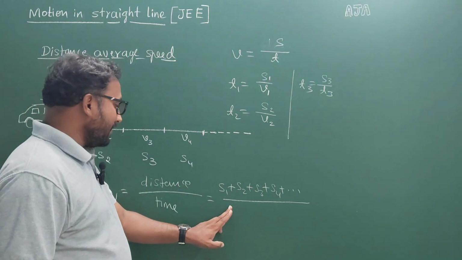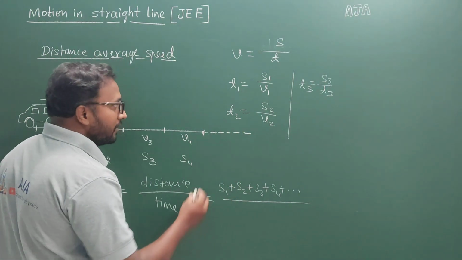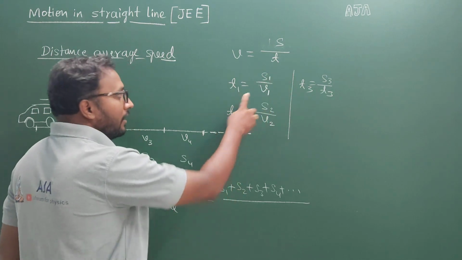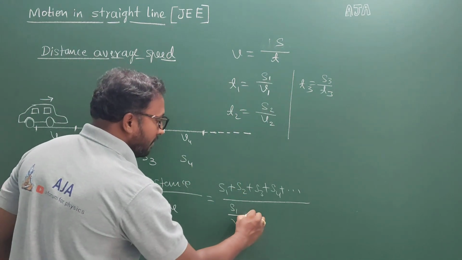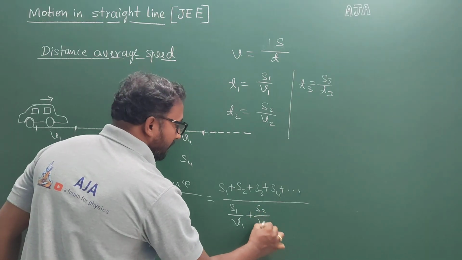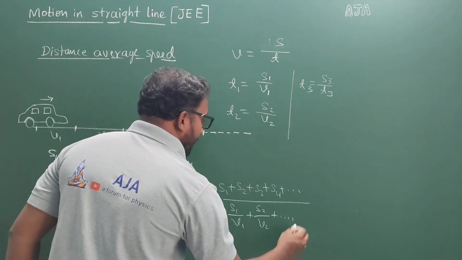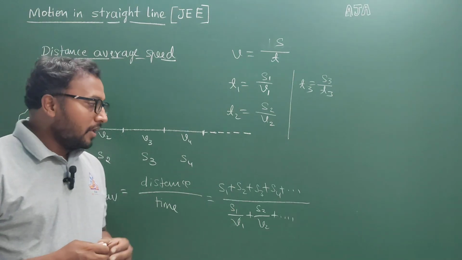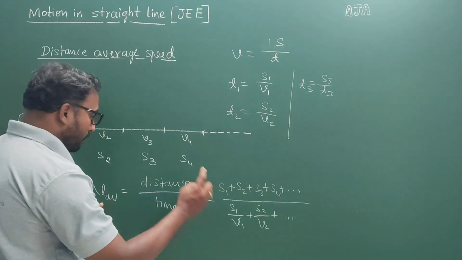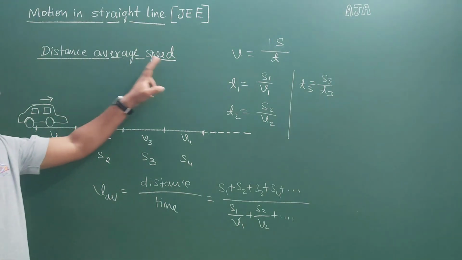Distance is already written, divided by time. Time is nothing but T1 plus T2 plus T3. In place of T1 I will write S1 divided by V1, S2 divided by V2, and so on up to the given terms or n number of terms.